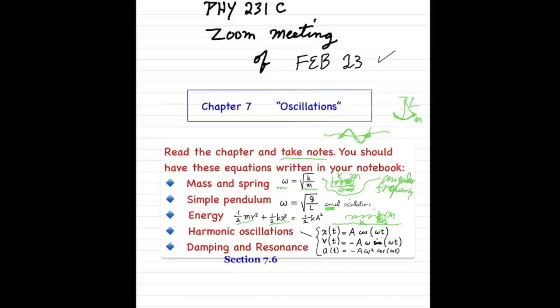So in particular, if the mass oscillates back and forth about the equilibrium between amplitude plus A and minus A, so x equals 0 corresponds to the equilibrium position, then if I evaluate the energy when it's at the maximum stretching or compression, that would be x equals A. At that instant, the speed is 0.